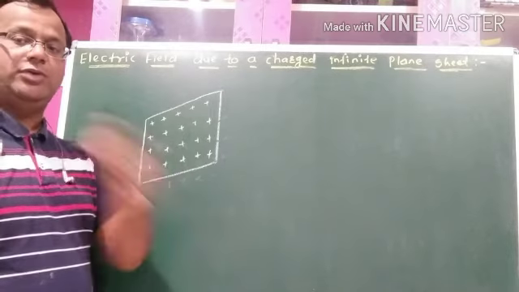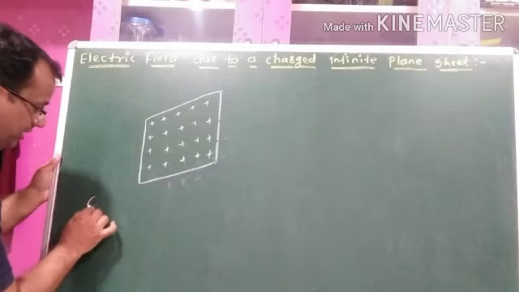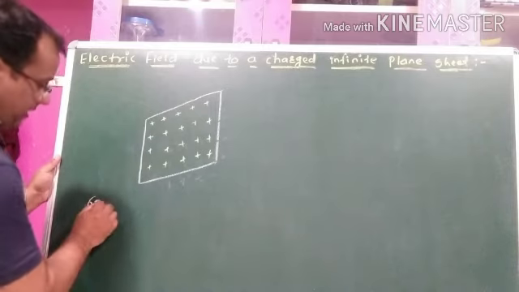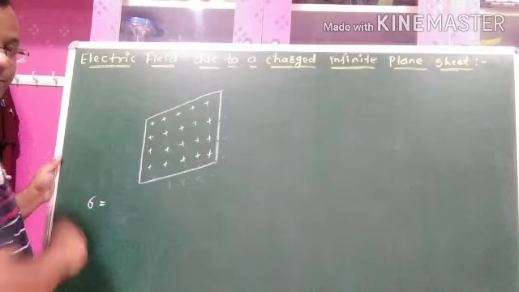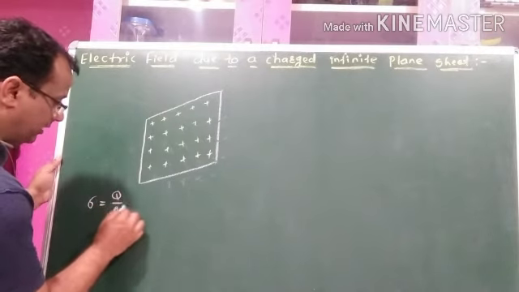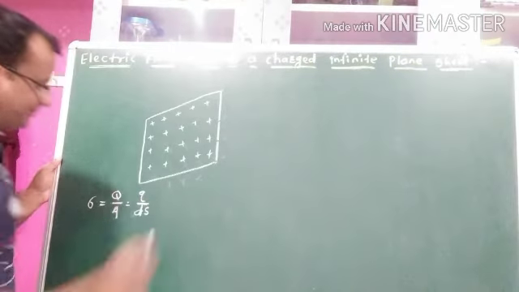Due to the uniform charge distribution, the surface charge density is also uniform, that is, a constant. The value of the surface charge density is, suppose, Q upon A or Q upon ds.